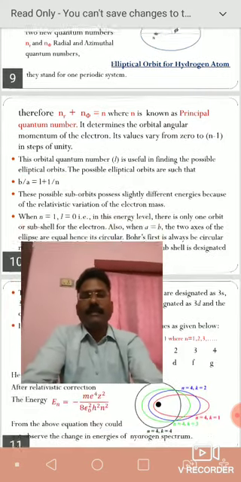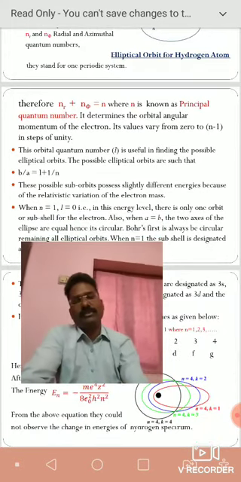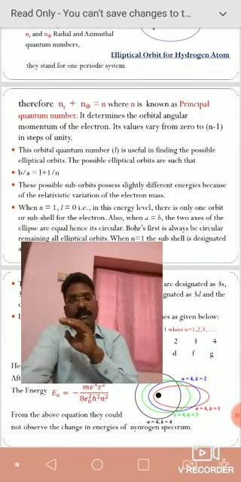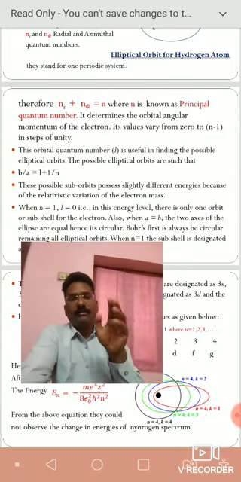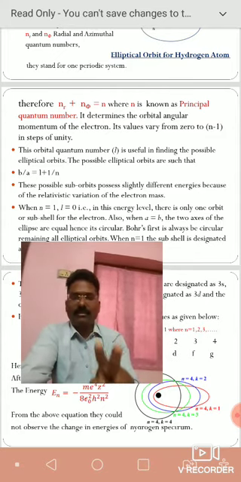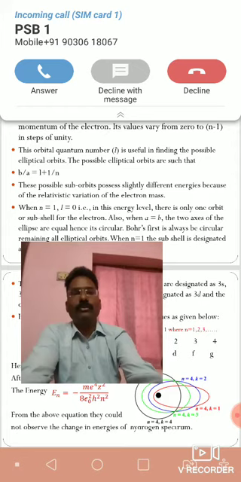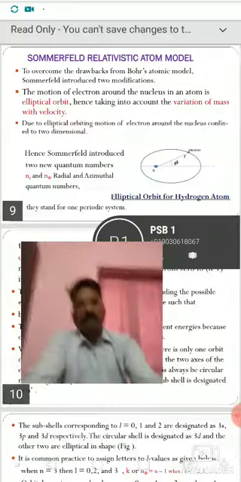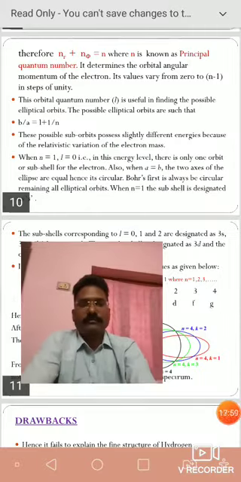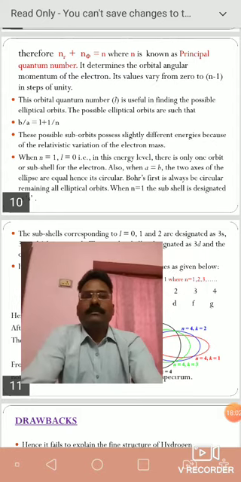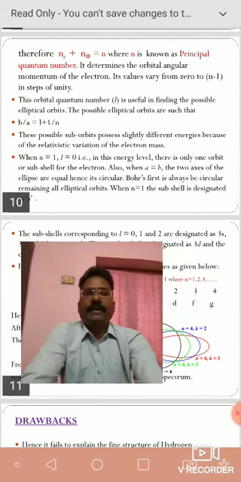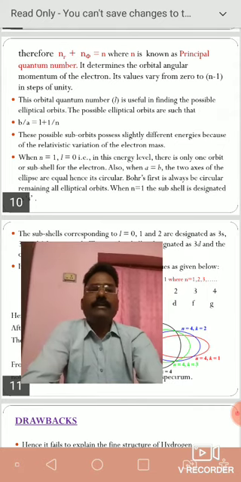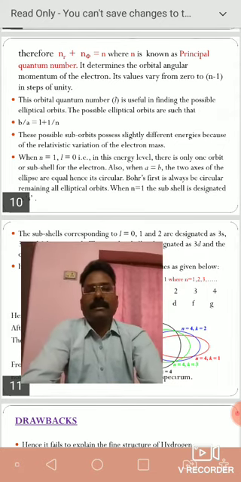Look at the diagram. According to these two assumptions, the radial quantum number nr and the azimuthal quantum number n phi, regarding the motion of the electron around the nucleus in an elliptical orbit, the motion is confined to two dimensions. Therefore, nr plus n phi is equal to n, where n is known as the principal quantum number, as we discussed in the previous slide.